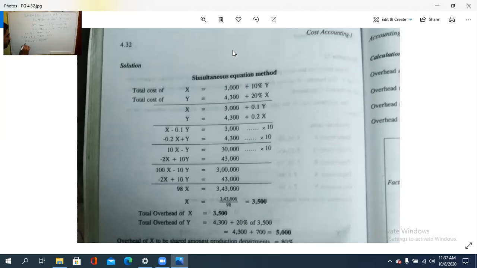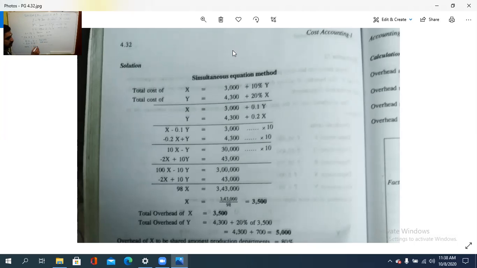So minus 2X plus 10Y is equal to 43,000. Again one more equation we will see. Then multiply again with 10.